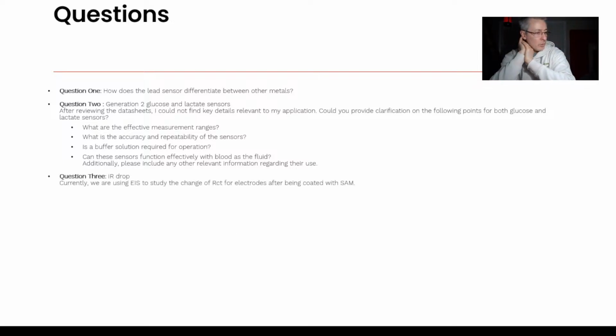With your IR drop question, we do put the reference electrode in a really good place next to the working electrode, but there's a millimeter gap there, and it's that millimeter gap. The potentiostat doesn't know whether that gap even exists. So the potentiostat is ignorant to it, so it's controlling.